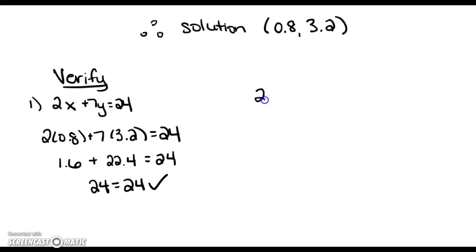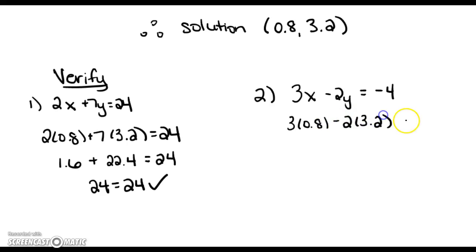That's awesome, that's great news. Now we're going to copy, paste, repeat into our second equation, which is 3x minus 2y is equal to negative 4. So you have 3 times 0.8 minus 2 times 3.2 is equal to negative 4.